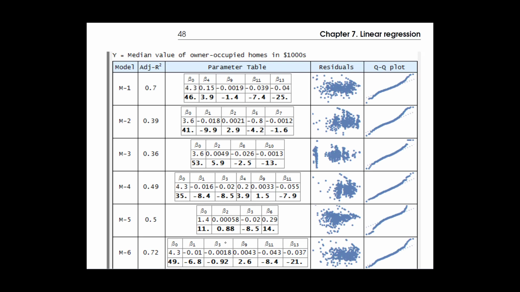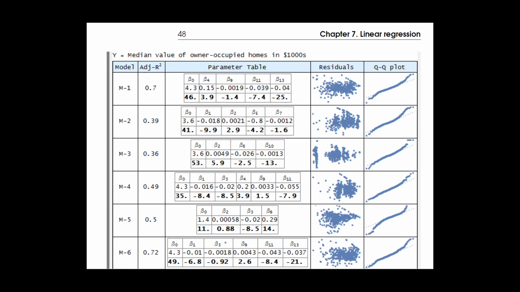Okay, and these are the type of outputs that you'll be presented with. Each row is the model, Model 1 through 6 on the screen. We have the adjusted R square, and then we have the parameter table.